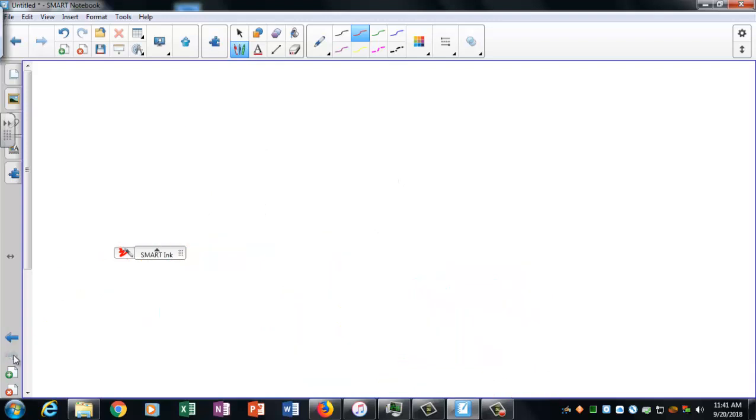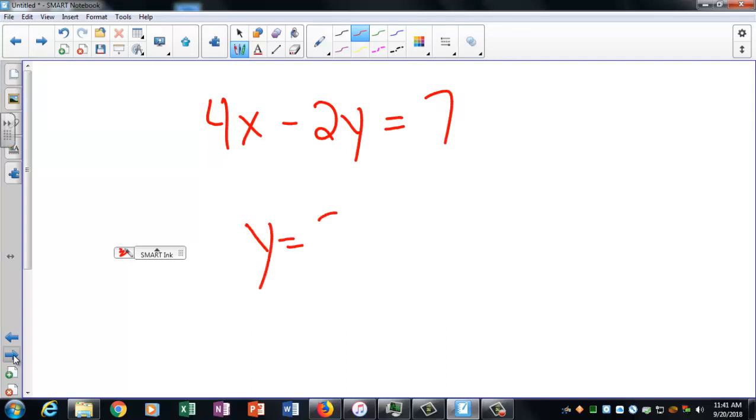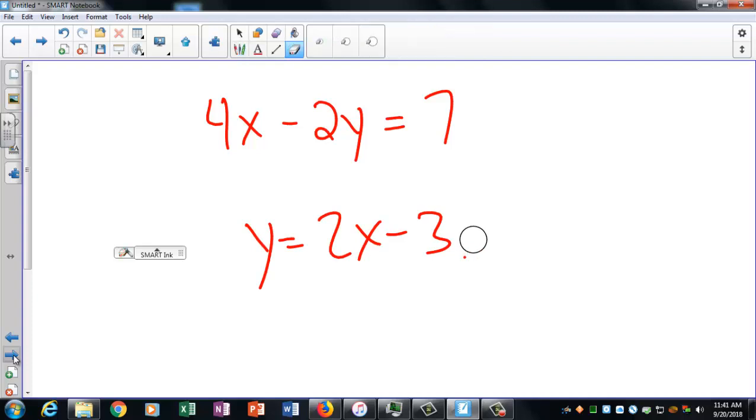It could also look like this. 4x minus 2y equals 7. y equals 2x minus 3. In this case, you would do it by substitution, and you would take this and plug it in for y.